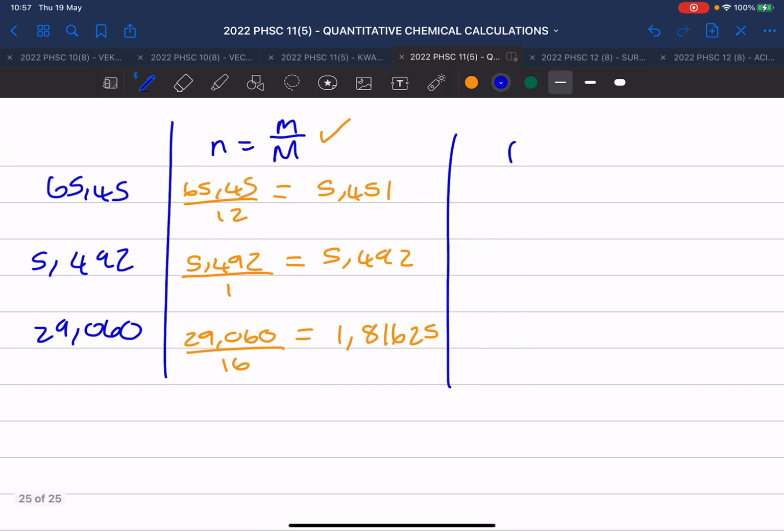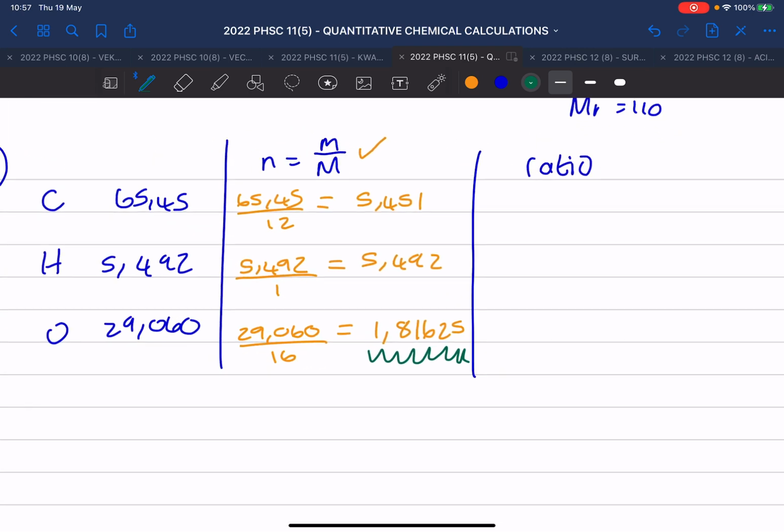Okay, and then you want your ratio. And for your ratio, you're going to divide by the smallest one. The smallest one is the one at the bottom, so that is obviously 1. What is the rest, Kumo?